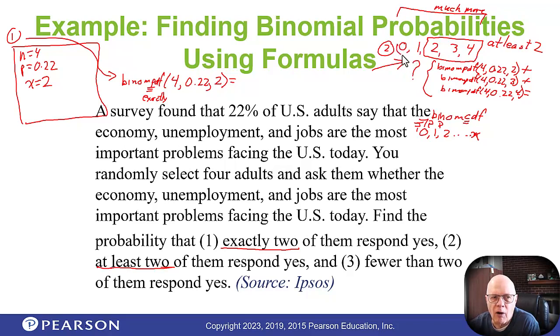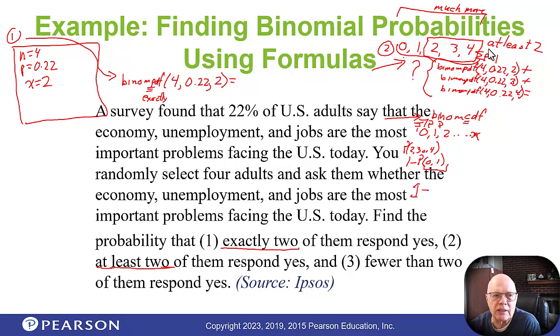The probabilities of all of these together add up to 1. So what we can do is, to get the probability of 2, 3, or 4, we'll take 1 minus the probability that we get a 0 or 1. And because our calculator with binomial CDF can do this, that's how we're going to do it. So on our calculator, we'll take 1 minus.